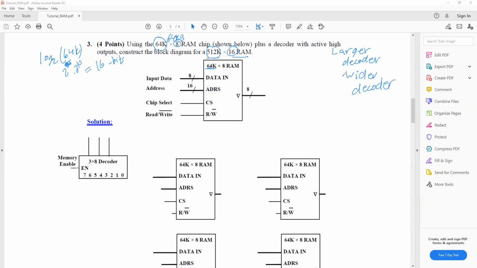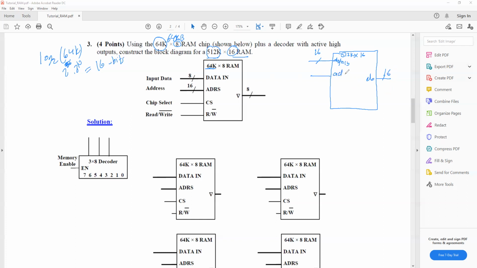So the memory we are building is going to be as follows. The final block diagram of the memory we want to build is going to be a 512K by 16. So you will have data in 16-bit, data out 16-bit.